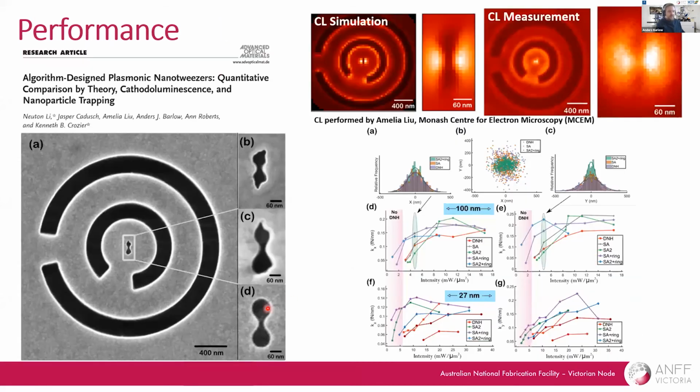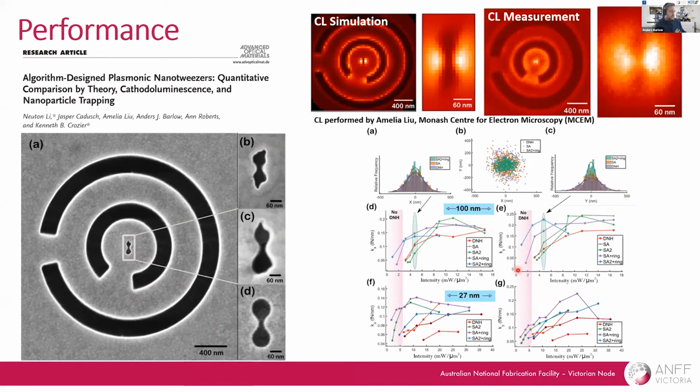And as a result then, when we fabricate these devices to actually test them, so this is now a double ring coupled plasmonic device with two different algorithmically designed and one standard double nanohole device. If you look at the simulations versus the measurements here for the cathodoluminescence, you can see that they match very, very nicely.